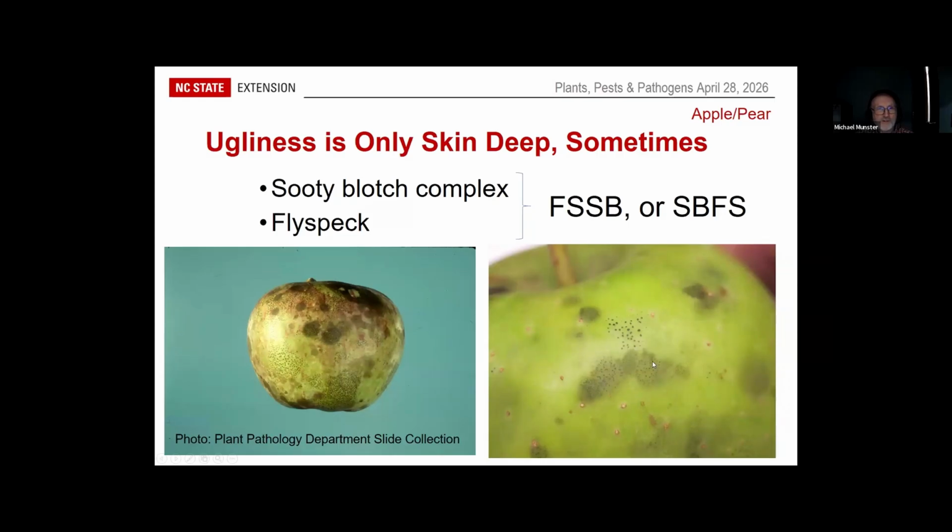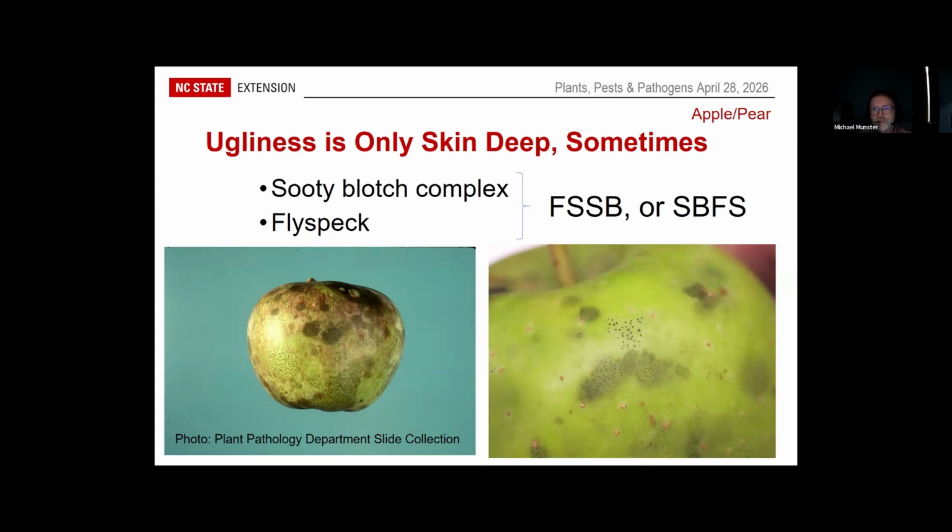Now, however, it's known there are something like at least 3 species that cause fly speck and dozens that are associated with sooty blotch. And together they're collectively called SBFS for sooty blotch fly speck.